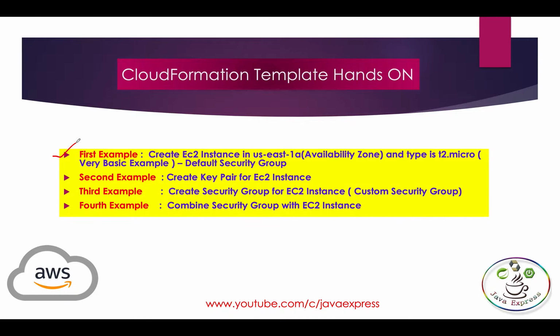So in this session I'm going to explain the second example and third example individually, how you need to create your template, then how you need to integrate the full CloudFormation template. Then it will be ready for you to create your EC2 instance, log in with your system, and also create a security group, which will be very good for you to learn as a beginner.